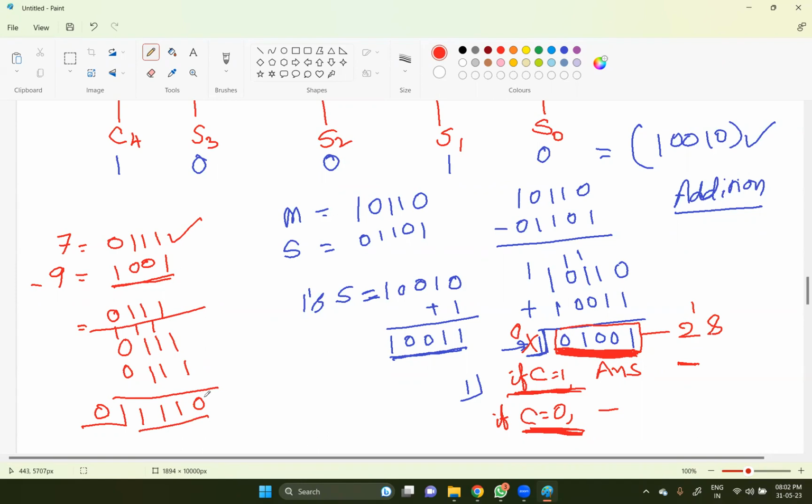The 1's complement will be 0 0 0 1, and add 1 here. 1 plus 1 is 0 with carry 1, and here it is 1 0 0, and you have to put the negative sign. So look at this, this is the value of 2 in the form of negative.